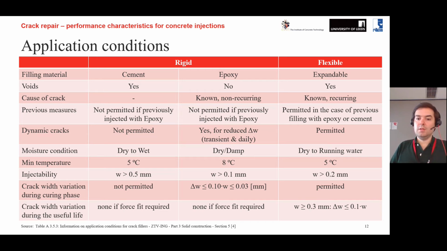And in terms of flexible materials, we do have several limits, up to the point where you can basically lose your water tightness. All in all, I believe this table speaks for itself. It's self-explanatory. It's also based on the work by the German code, so I highly recommend having a look at it.